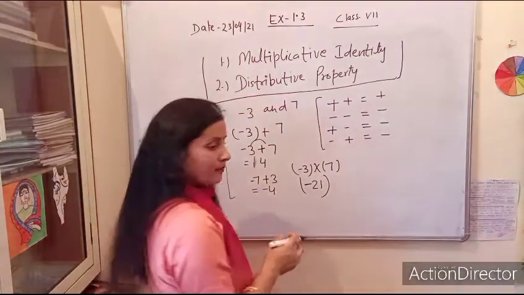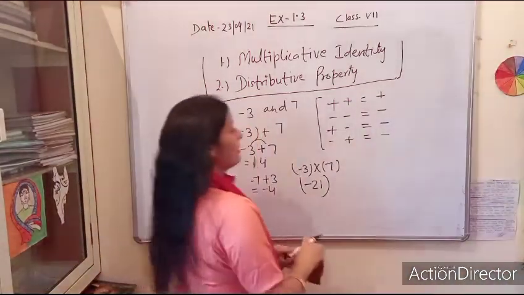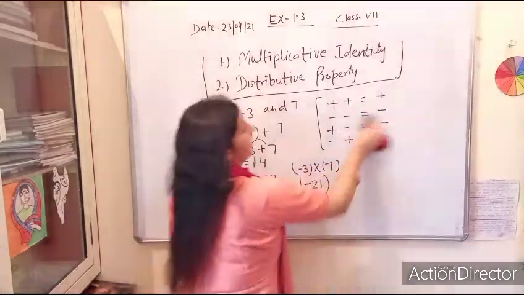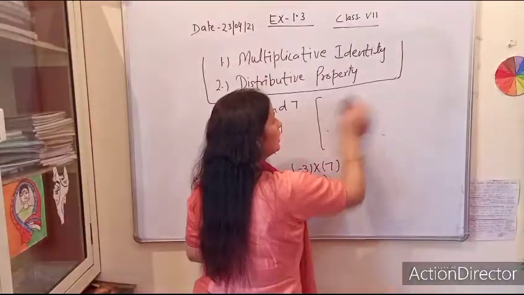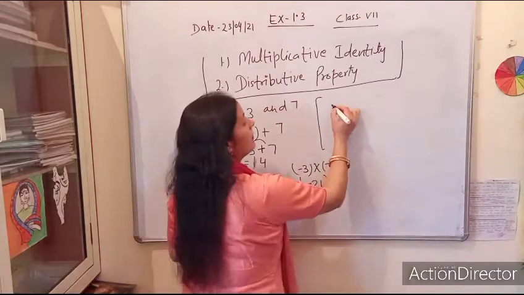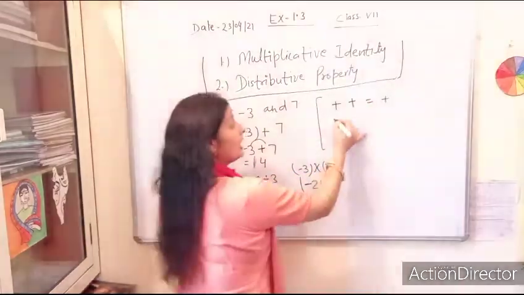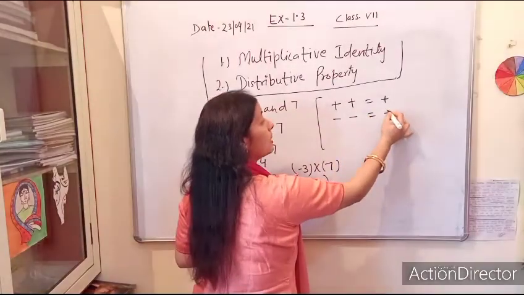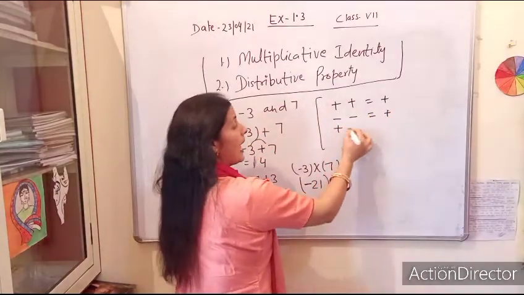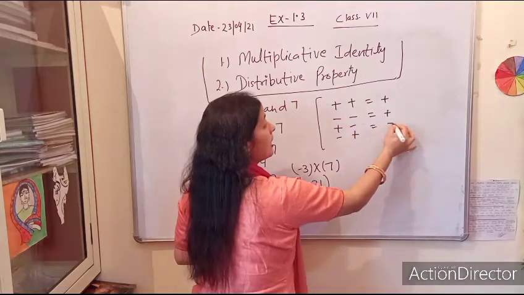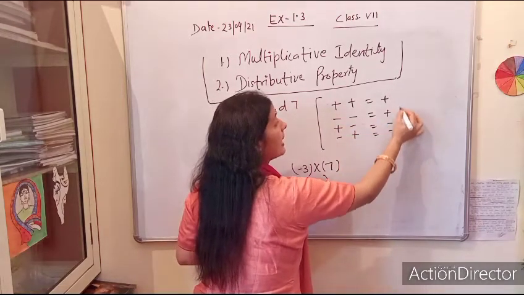Now in which way will we perform multiplication under these 5-star points? Look carefully here. If we have the same sign, then definitely it will be plus. If we have minus minus, the sign will be plus. If we have different signs, either plus minus or minus plus, we always place a negative sign.